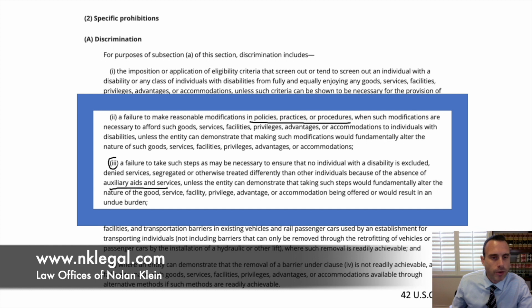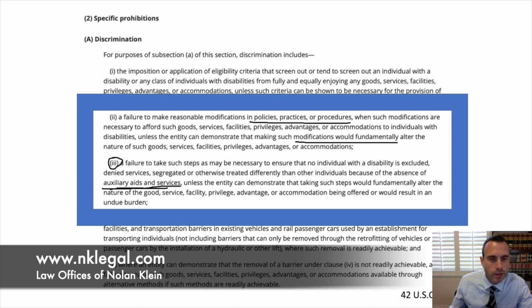And in Section 3, we have providing auxiliary aids and services in order to include the disabled in what is being provided. And the only exception to actually doing this is in the case of policies, if changing the policy would fundamentally change what you're providing to other customers.